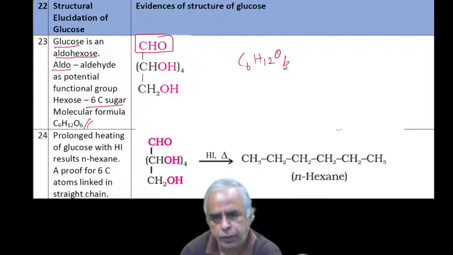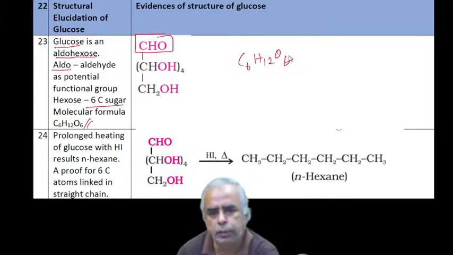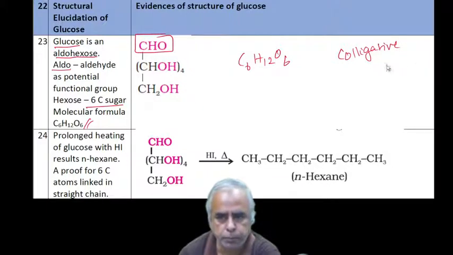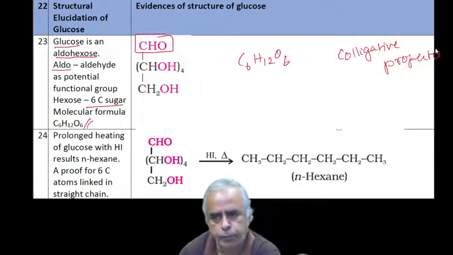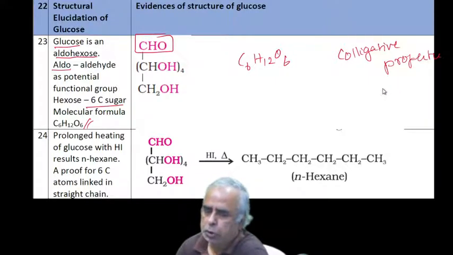So the molecular formula is C6H12O6. From the molecular weight determination, we can find out the molecular weight. What is that molecular weight determination? Like as I already discussed under colligative properties. What is colligative property? Anyone? The physical properties of solutions may vary with respect to the amount of solute present, is it not?